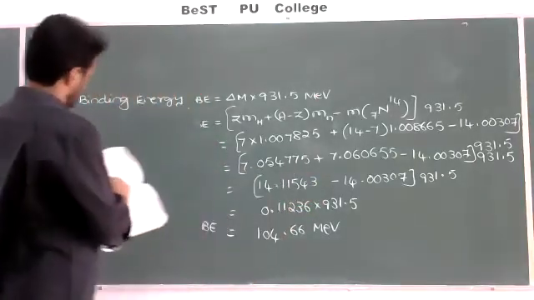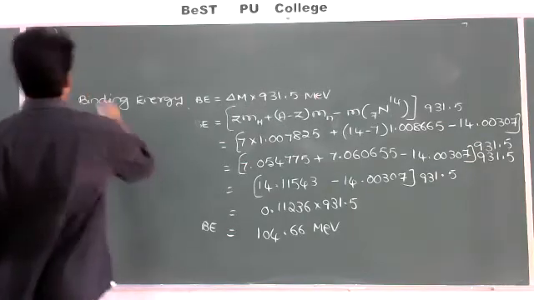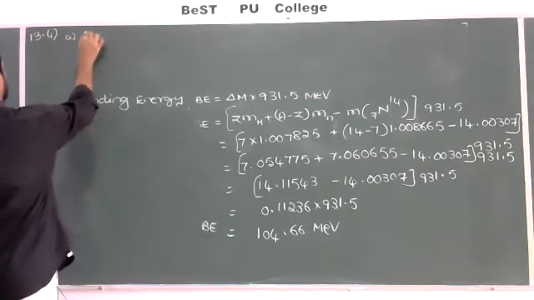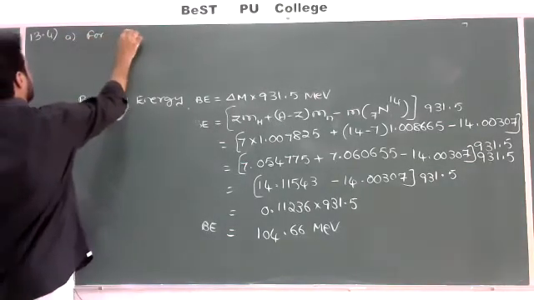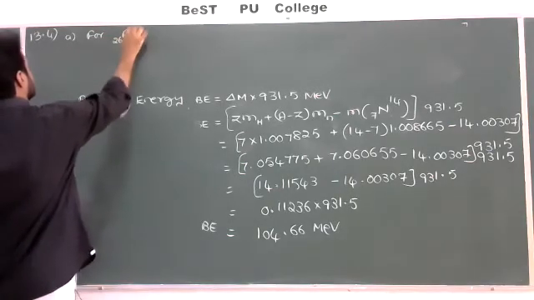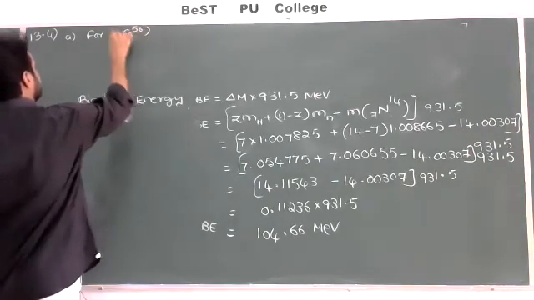First question is for the mass of iron, Fe, atomic number 26, mass number 56.